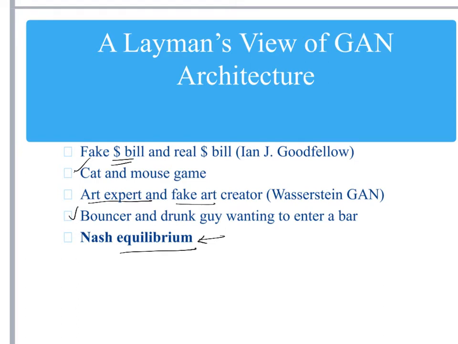So if one of the persons makes a move, it results in the other person making a similar move. As a result, both parties end up losing. That's what it is. So Nash equilibrium is a point where both players are going to stay because it's the optimal position for both of them to be in. It's beneficial for both of them to be in this position.